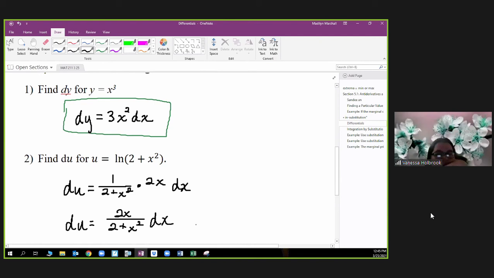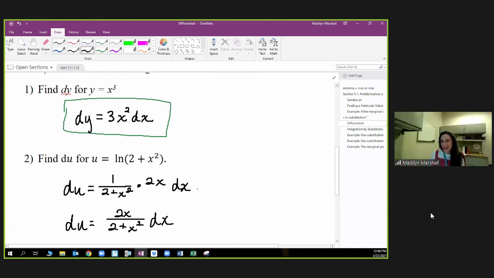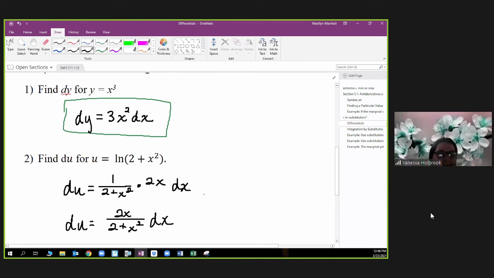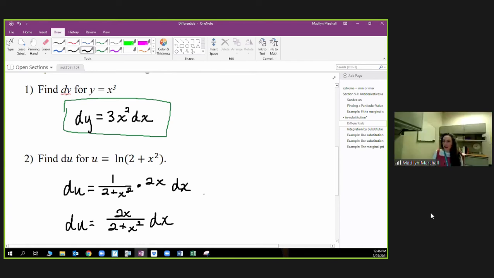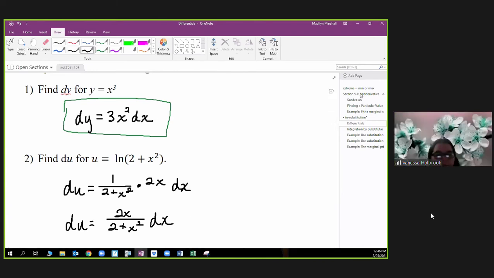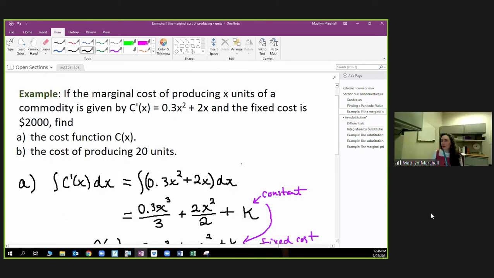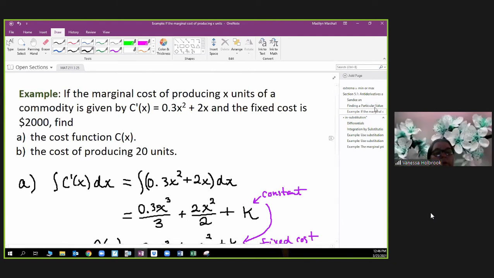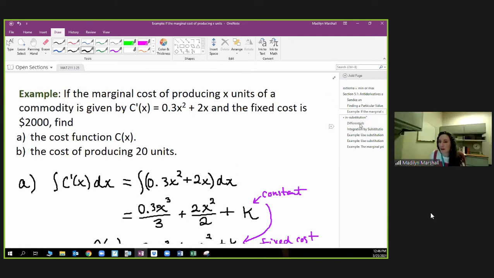What's the purpose for the differentials? Yes, good question. That's what we're getting to. There are a lot of purposes. So one, you might notice that this little dx that's on the end of all of these has been showing up in all of our integrals. Our integrals always have a little dx at the end. So next week, when we talk a little bit deeper about another interpretation of integration, that little dx is going to be important.